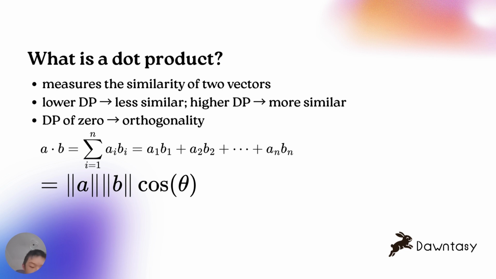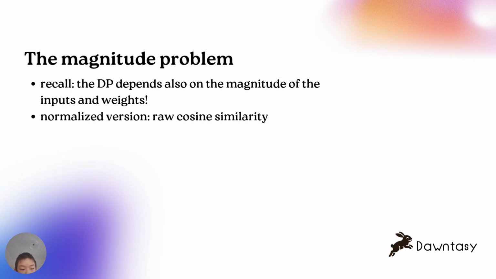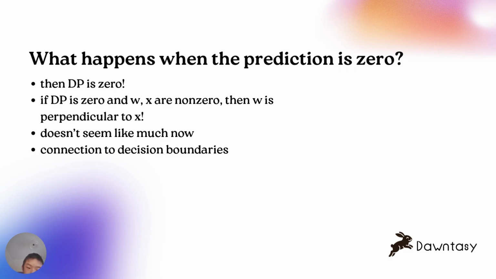If we assume that A and B are both non-zero vectors, because if they were zero vectors, then the magnitude would be 0, but in this case we assume they are non-zero because the data can't be fully 0, then that implies that for the dot product to be 0, the cosine similarity must be 0. And if the cosine similarity is 0, it implies that the weight vector, W, is exactly perpendicular to x.